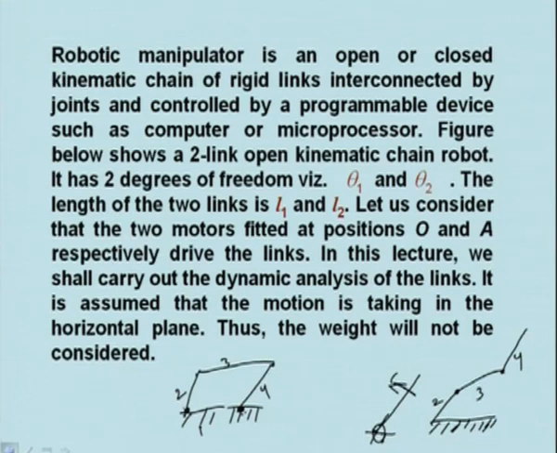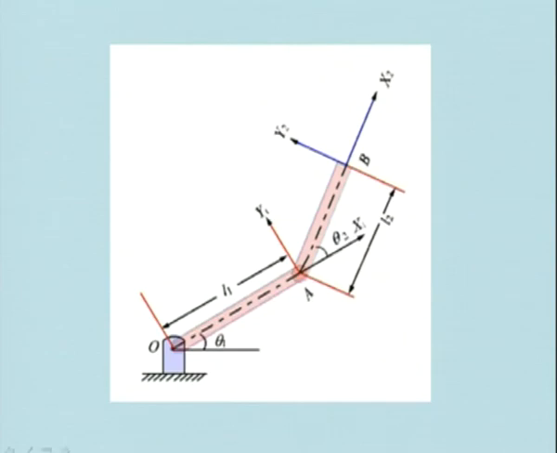It is assumed that the motion is taking place in the horizontal plane, so we will not have to consider weight. There is a motor fitted at O and a motor at A also, driving the links.